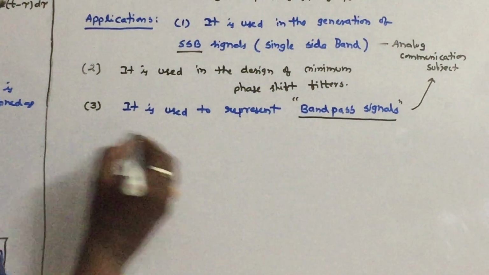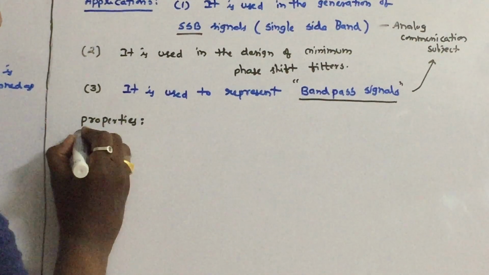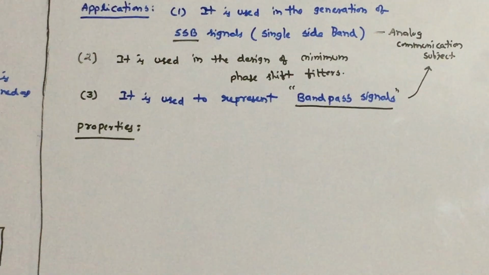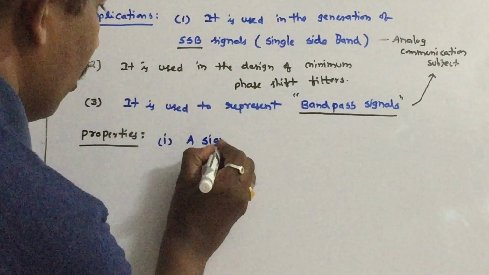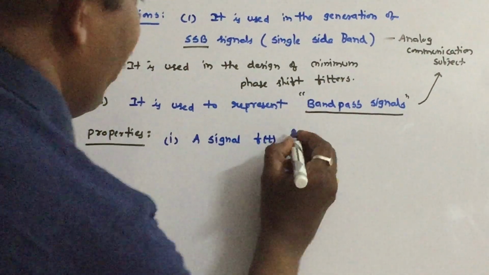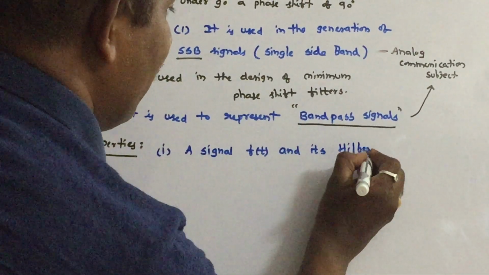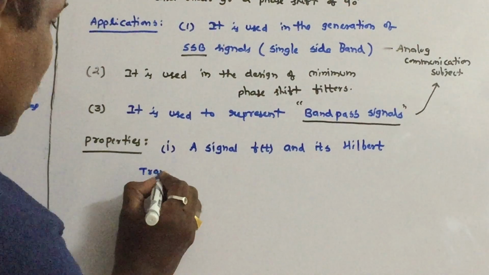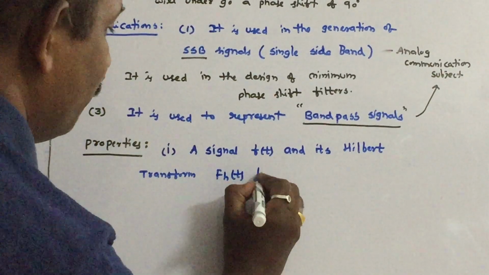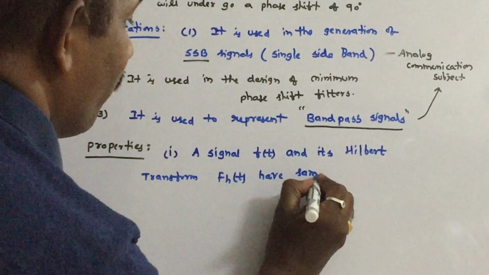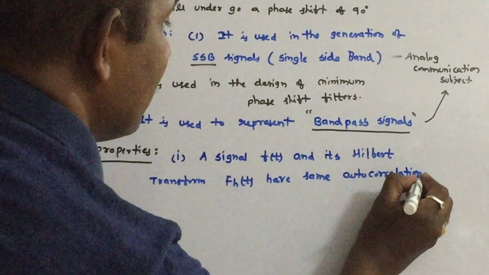So let us see the properties of the Hilbert transform, and we'll close this. Property number 1: a signal f of t and its Hilbert transform fh of t have the same autocorrelation function.